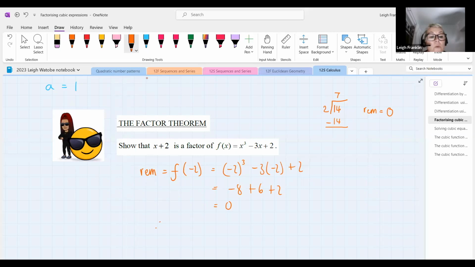And then we must conclude, therefore, x plus 2 is a factor of f of x. So because x plus 2 was a factor, our remainder is 0. All right, so now we're going to move on to the next thing. Screenshots.